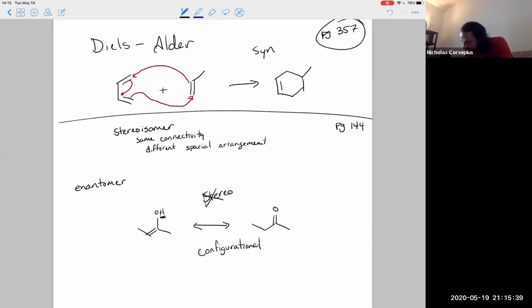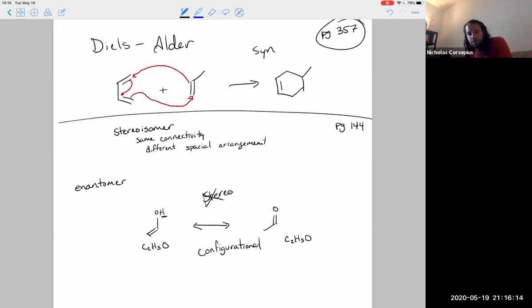Both of these have the same molecular formula, so they're isomers, but they have a different connectivity of atoms.